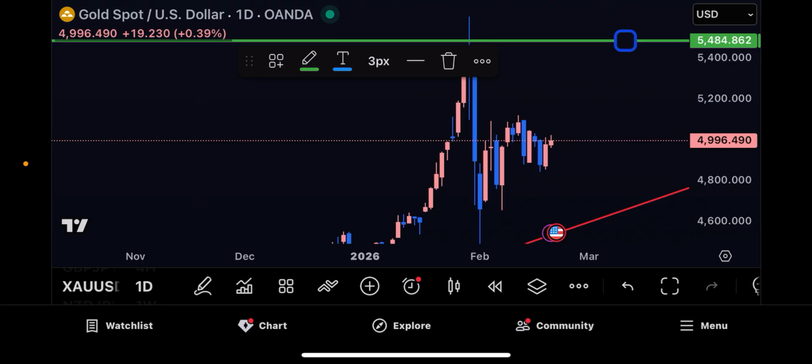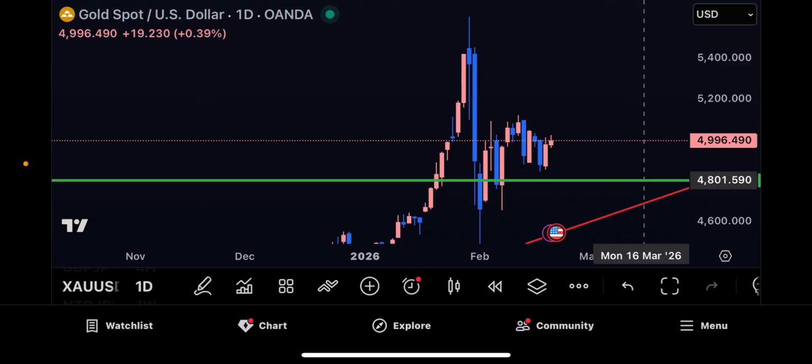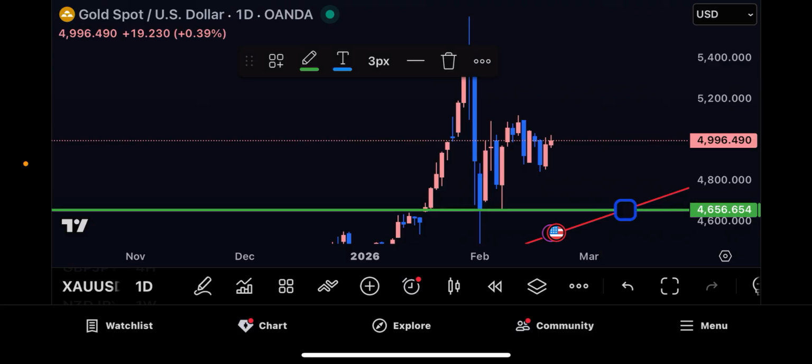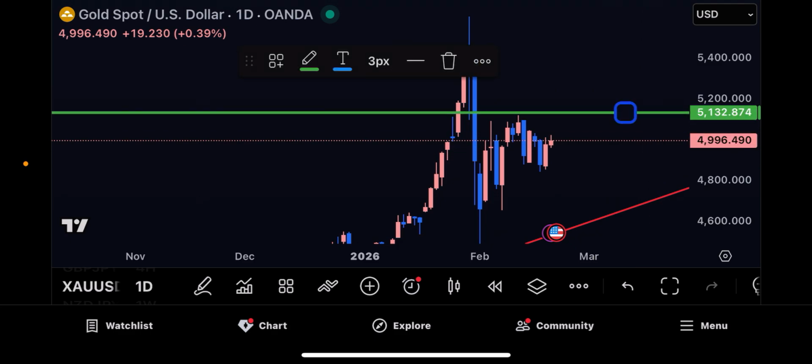So what we want to wait for is either gold to break around that 48.90 area, or we want to see it break above 51.15-ish.